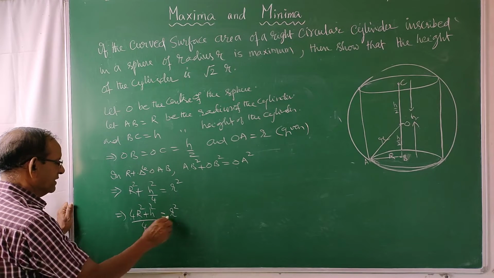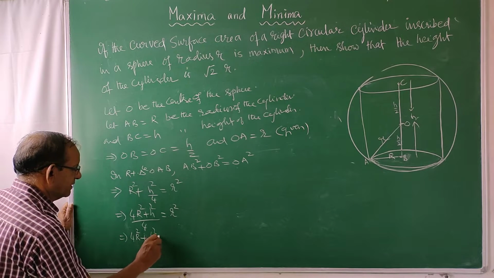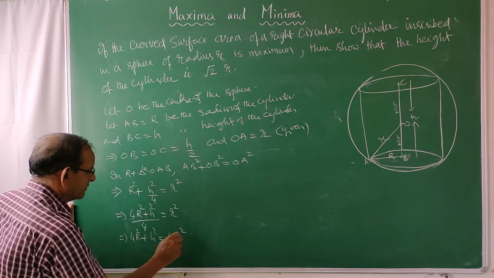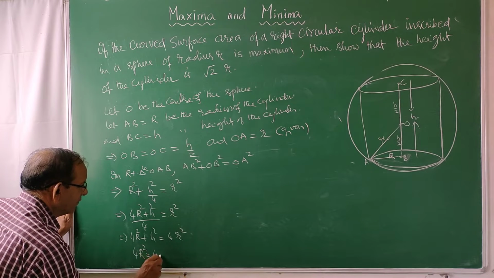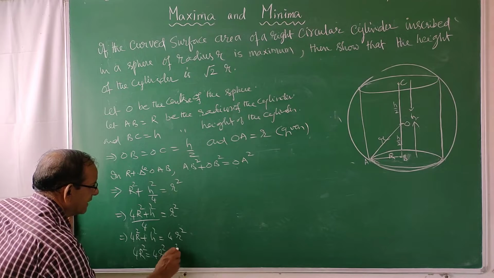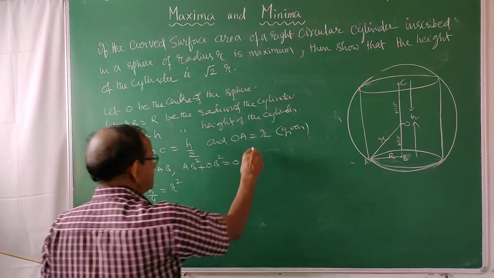Take cross multiplication, 4R square plus H square is equal to 4 small r square. So from this, 4R square is 4r square minus H square. Now you keep it like this.